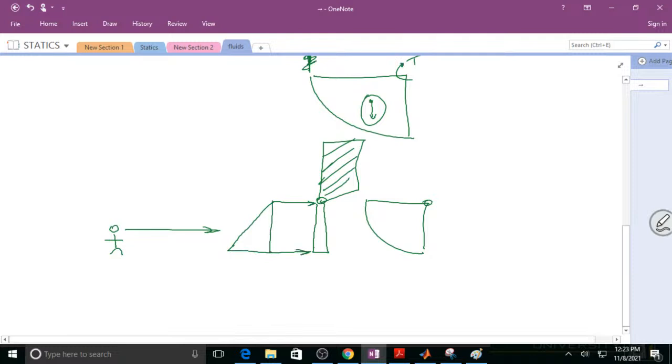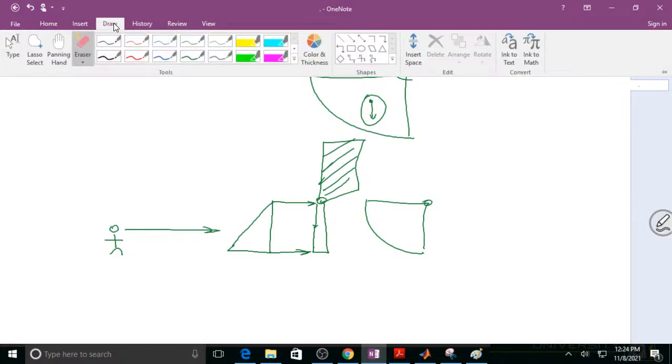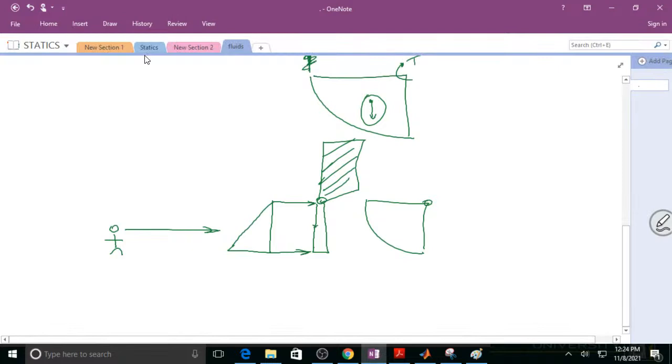Now, two ways you could find this. You could find it by force is equal to gamma h bar A, which would be the h bar to that location. Or you could break it into two parts, and that's kind of what I did. Let's erase that, and let's say we're going to break it into two parts. So we're breaking it into the part here, which I'll call red.